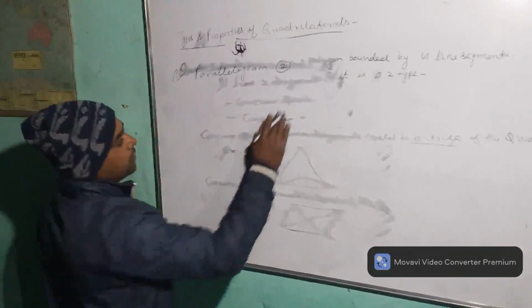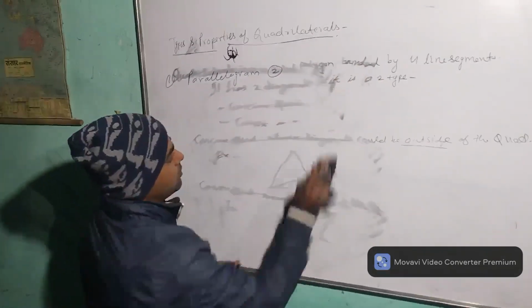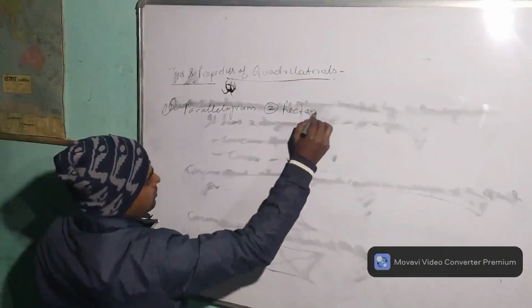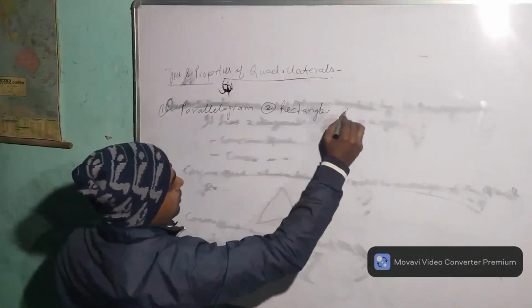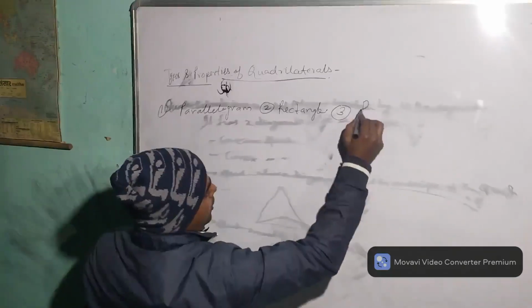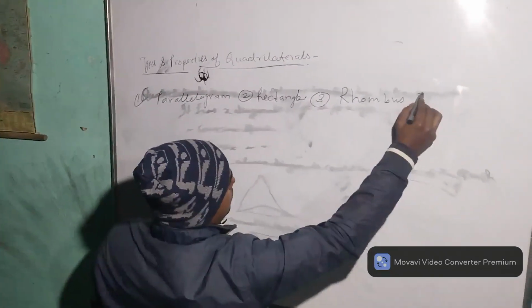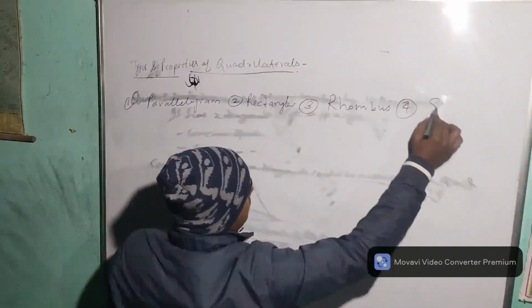First one is parallelogram. Second one is rectangle. Third one is rhombus. Fourth one is square.